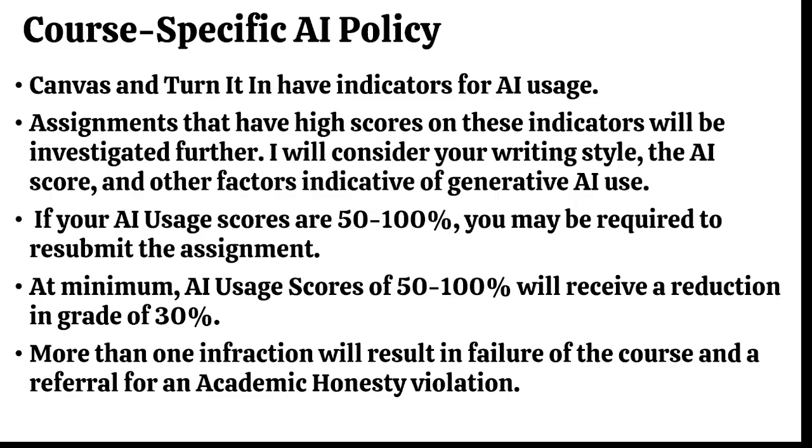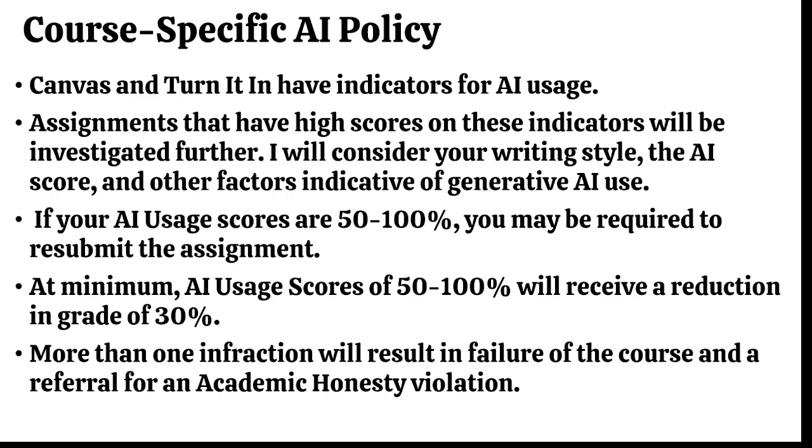But at the same time, when I get a 100% AI generated score consistently across a particular student, I have no choice but to assume that you're using AI. And at minimum, as a responsible instructor, I have to actually ask you about that or call it to your attention. All right. This semester, I have decided to implement a penalty for AI usage scores of 50 to 100%.